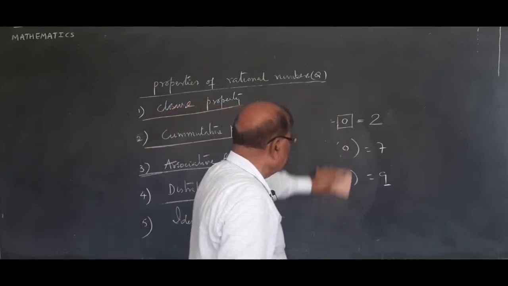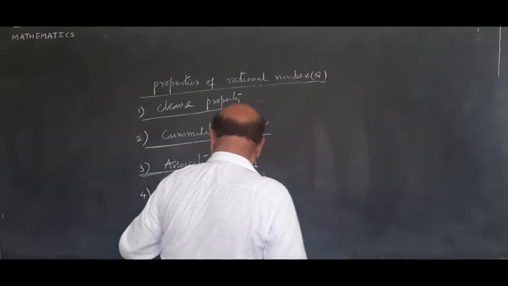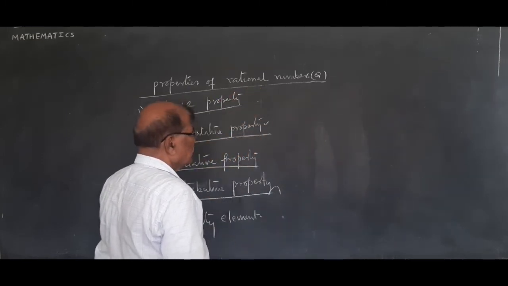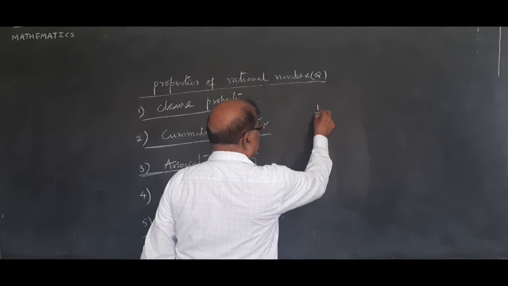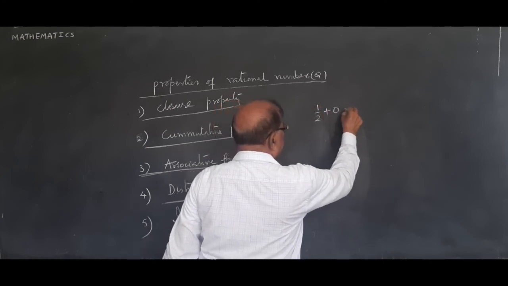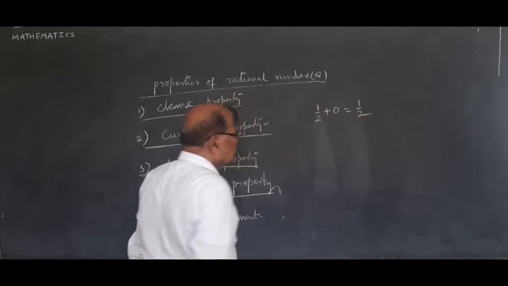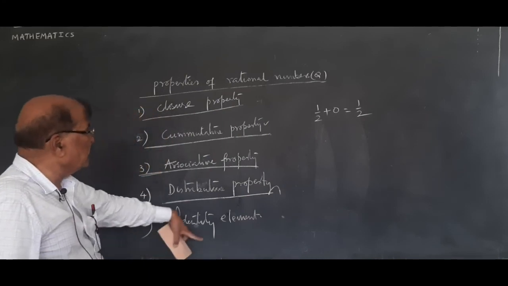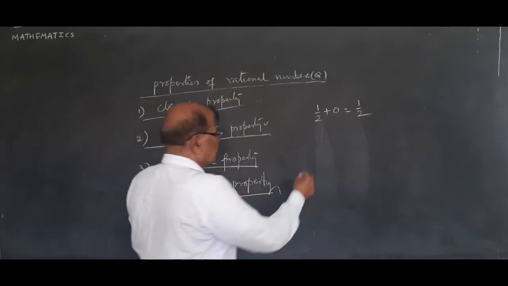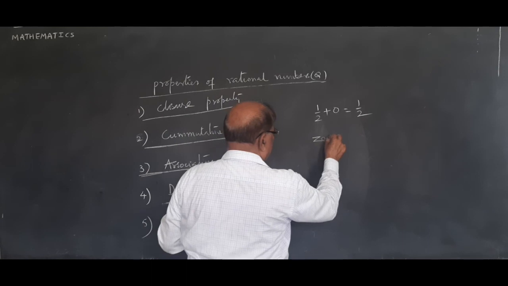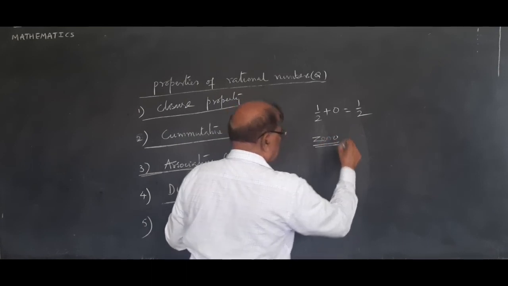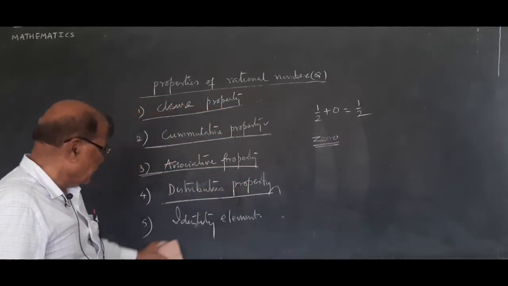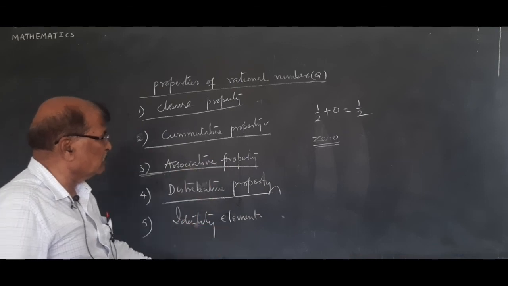So, similarly, what is the identity element in the set of rational numbers? You take any rational number, 1 by 2 plus 0, you are getting 1 by 2 only. So the identity element in the set of rational numbers is 0. Let us see the identity element in multiplication.